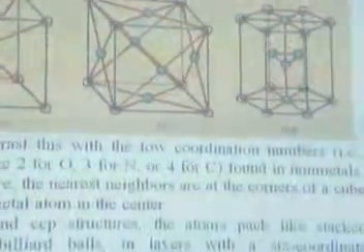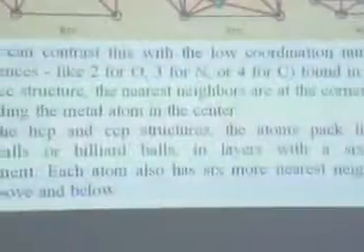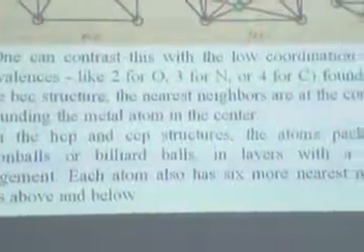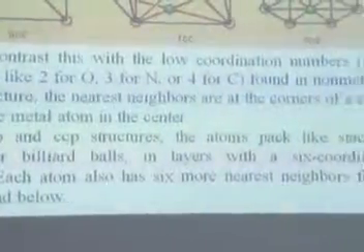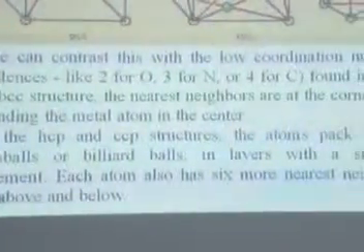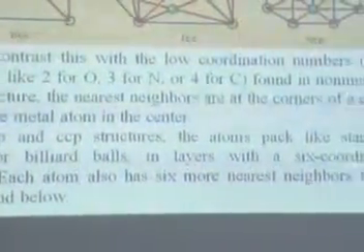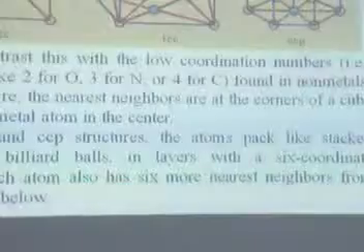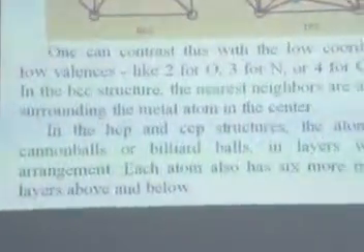In the hexagonal close packed HCP and CCP structures, the atoms are packed like stacked cannonballs or billiard balls in layers with a 6 coordinate arrangement, and each atom also has 6 more nearest neighbors from the layer above and below.